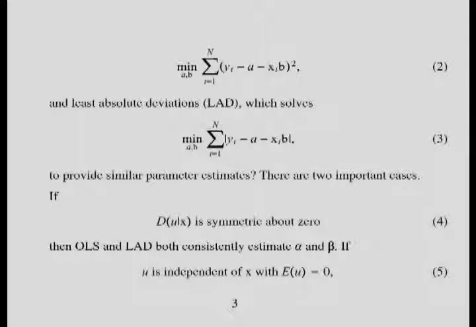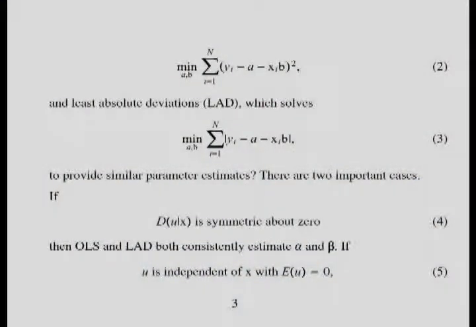So when should we expect these to provide similar estimates, which is basically just saying when are the population parameters that solve these two problems the same? Well, there are two cases that are important, and the first is when the distribution of u in this equation is symmetric conditional on x, and it might as well be symmetric about 0 then.